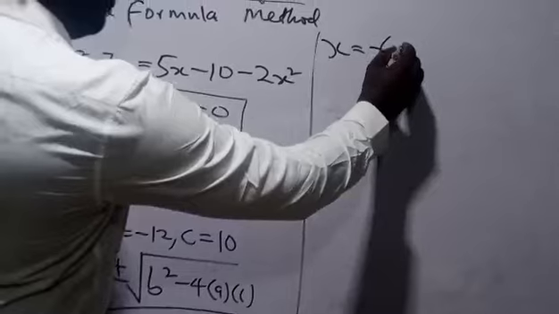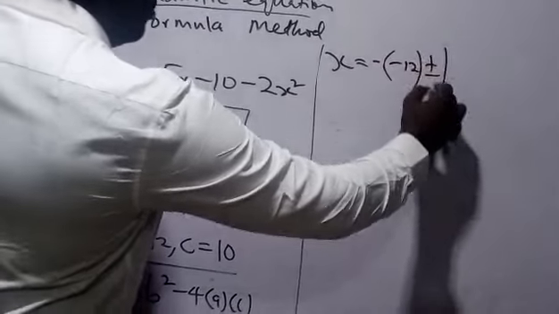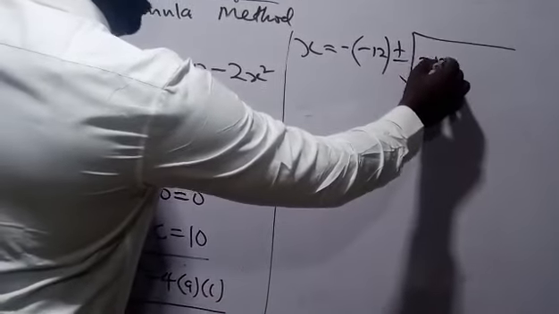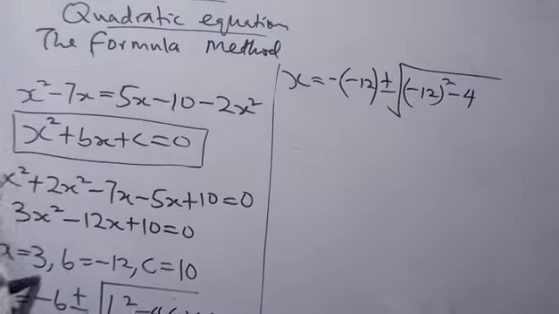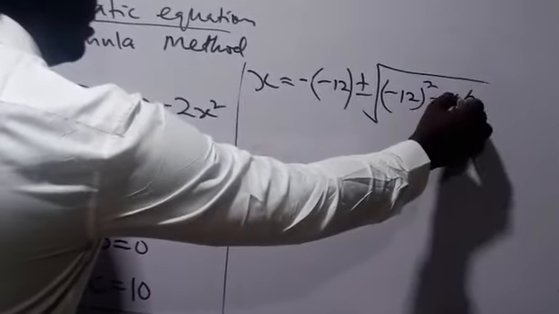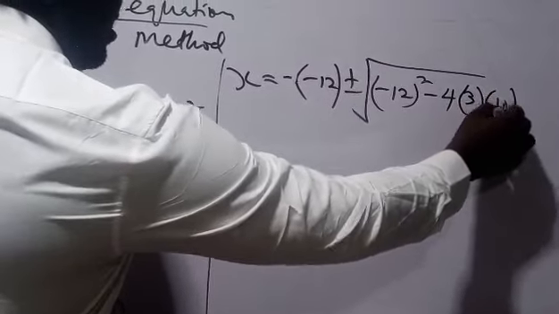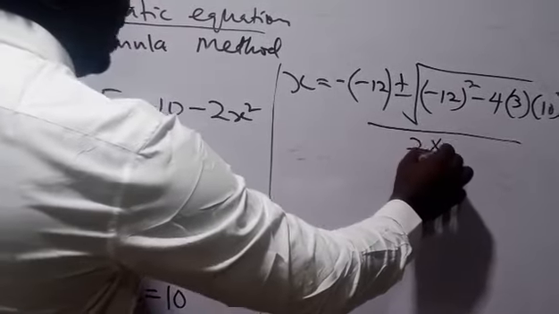Minus 12. Okay? Plus or minus root of b squared, minus 12 squared, minus 4 into a, which is 3, c, which is 10, all over 2a, that is 2 times 3.